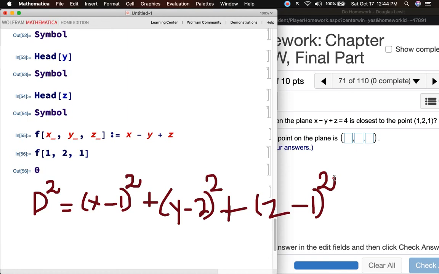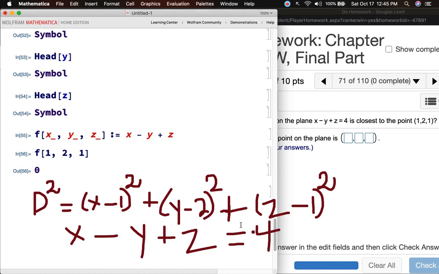Okay, and I'm minimizing this function, and what is the constraint? The constraint is that x minus y plus z is equal to 4.